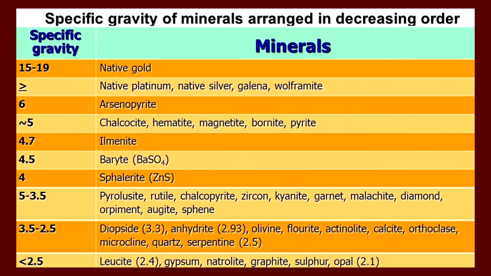So, for our convenience in the field we can categorize minerals into very high, high, medium, moderate, low. All these terms can be used in order to describe the specific gravity of a mineral in the laboratory as well as in the field.